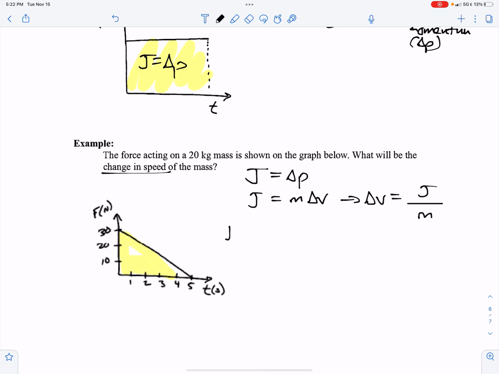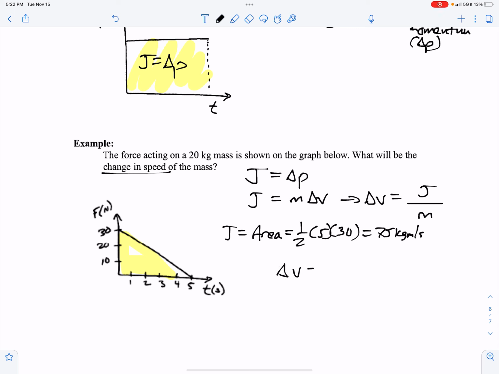Let's figure that out. The impulse would be the area, which is that of a triangle. 1/2 times the base, which is 5, times the height, which is 30. Which would be 75 Newton meters, or Newton seconds, or kilograms meters per second, whichever way you want to look at it. Sorry, not meters per second squared.